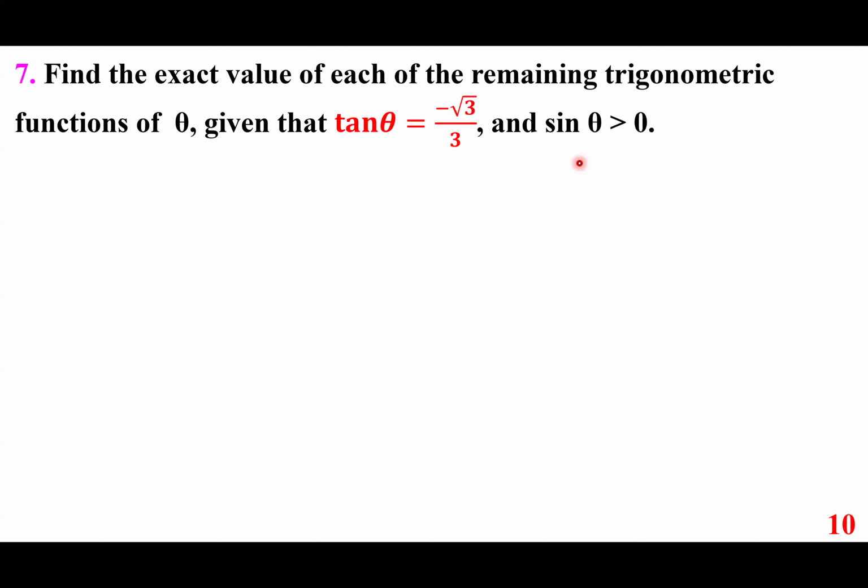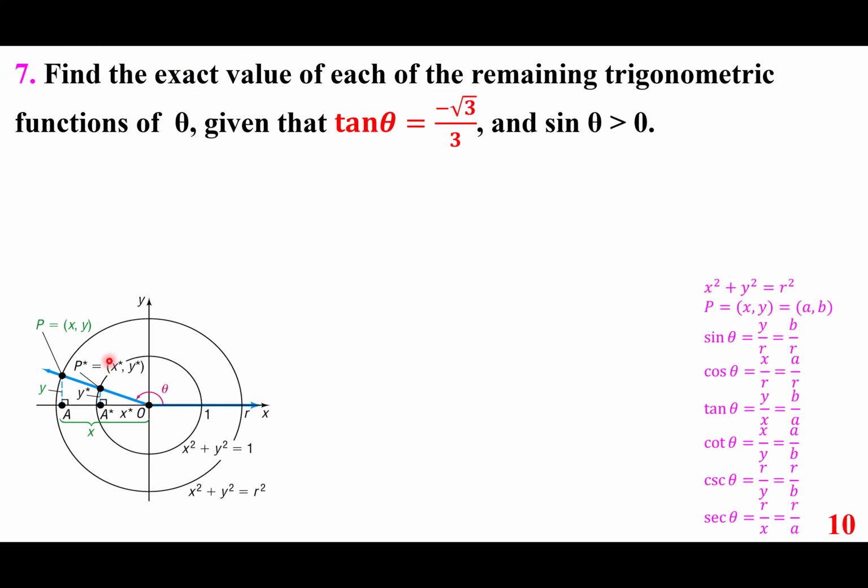So first I want to remind you of this concept that was mentioned, that this is a unit circle, x squared plus y squared equals 1, centered at 0, 0, with the radius 1. If you choose a different radius, it becomes x squared plus y squared equals r squared.